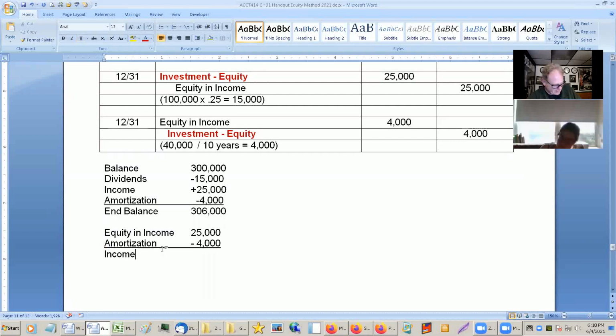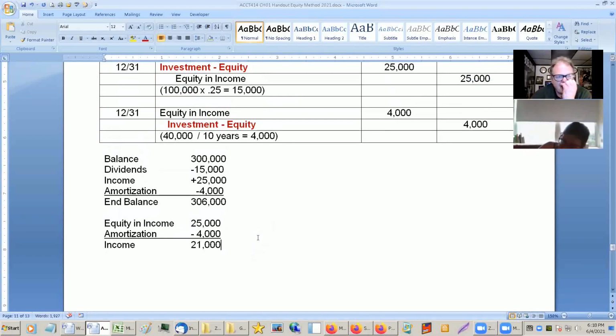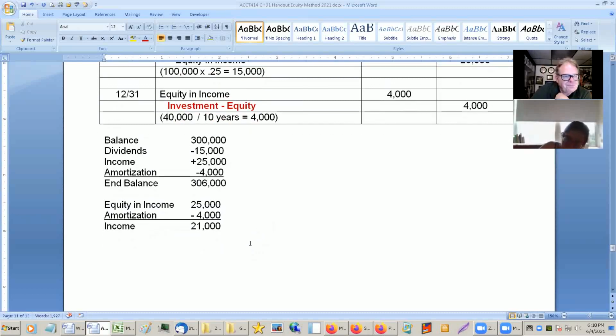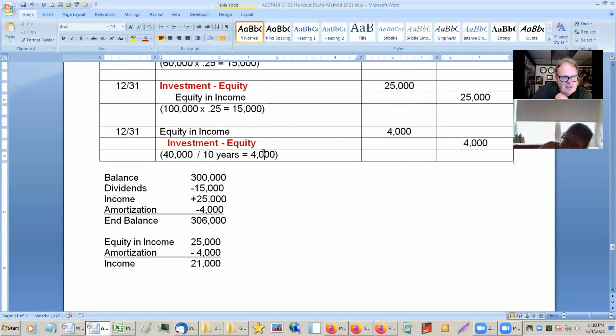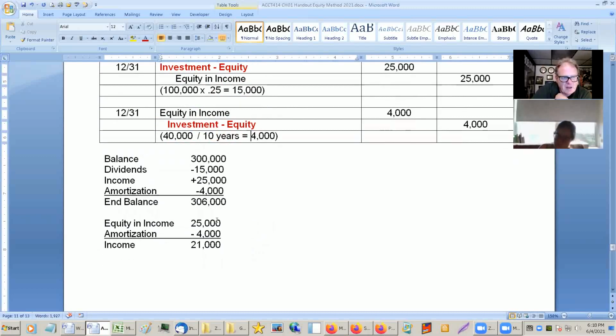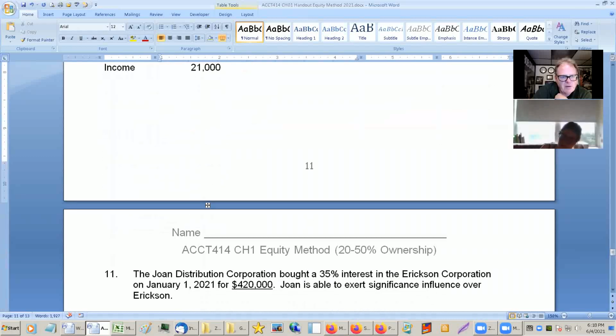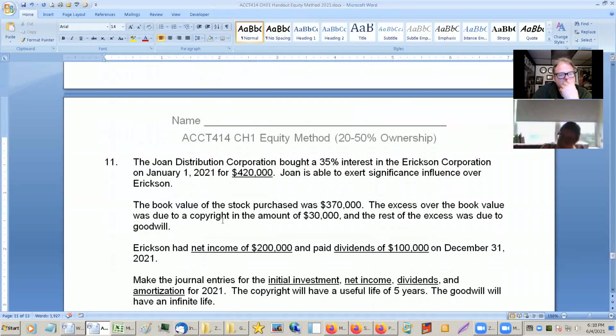That's the real income that they made. And then for the next 10 years, you can pay out that 4,000 because of the patent.